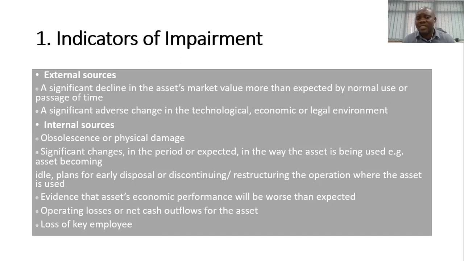Or operating losses or net cash outflows for the asset. The asset consistently is giving you losses. That is a signal, or a justification, for why you have to impair the asset. Sadly, loss of a key employee could also lead to an asset being impaired.